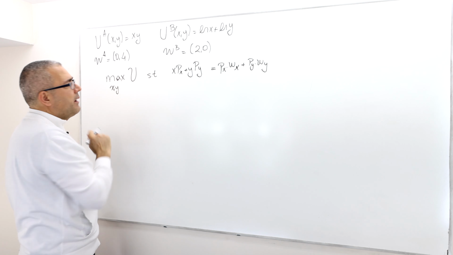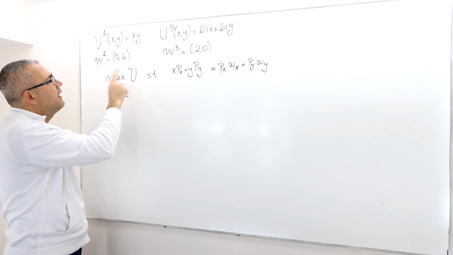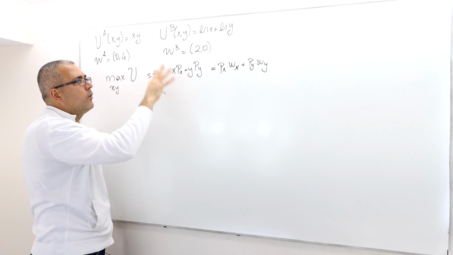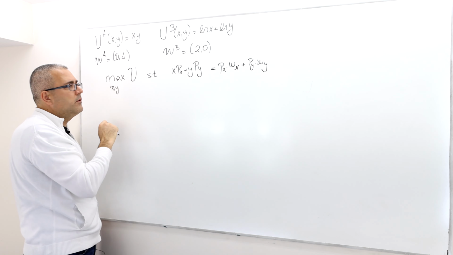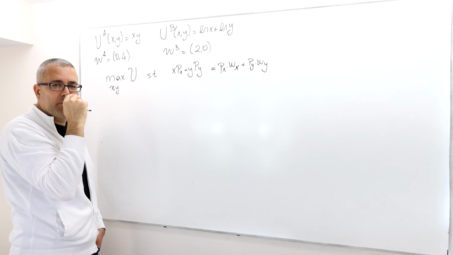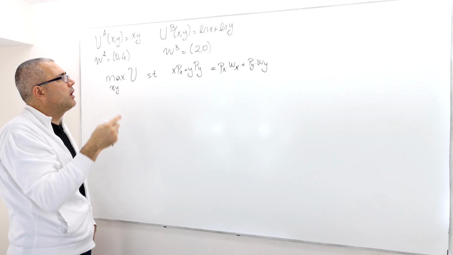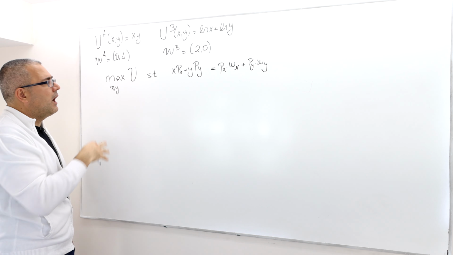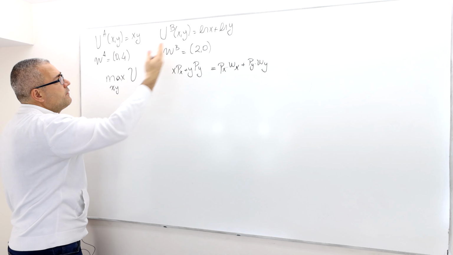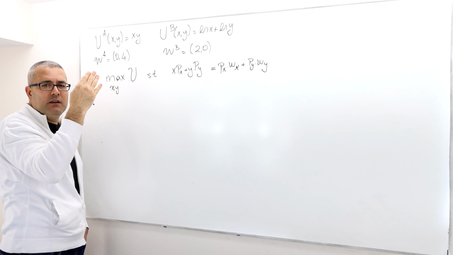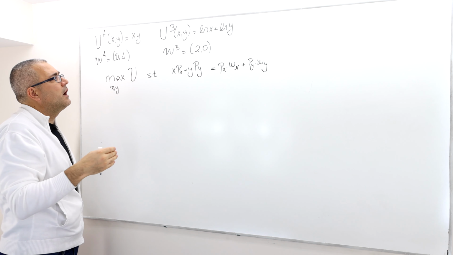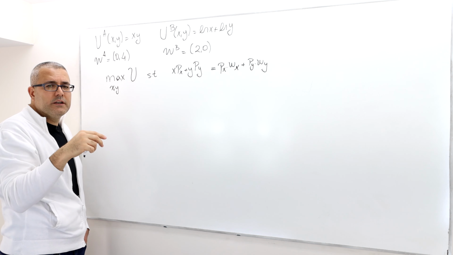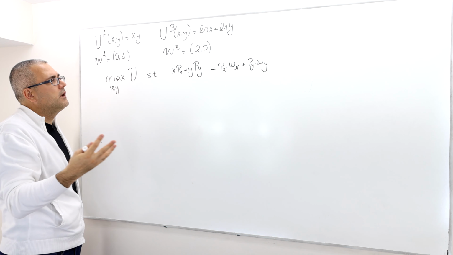So when I solve the maximization problem for agent A, I'm just going to put superscript A on top of X and Y and U. And when I solve the utility maximization problem for B, you can just put B everywhere. Okay, so how do I solve this? Because the utility functions have convex indifference curves, the optimal solution will be in the interior, so there's no boundary solution.